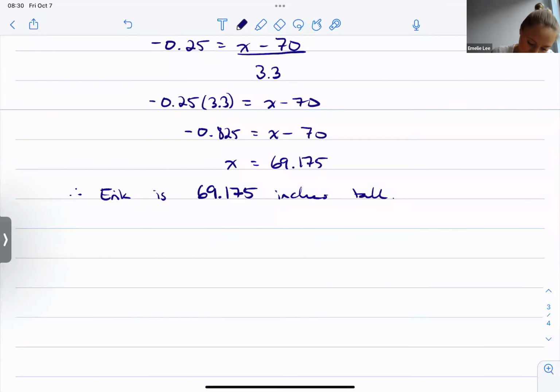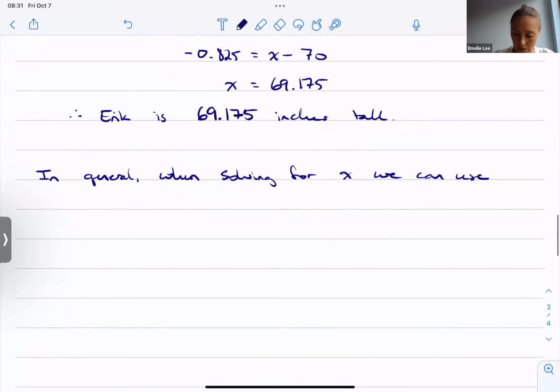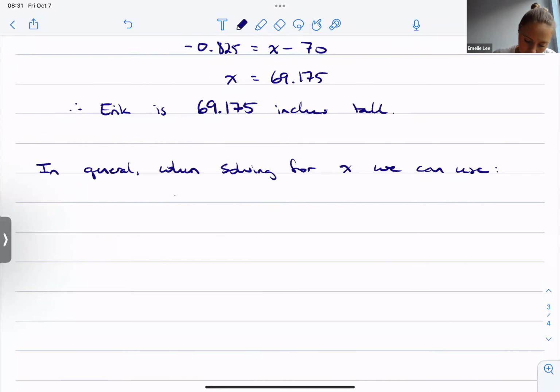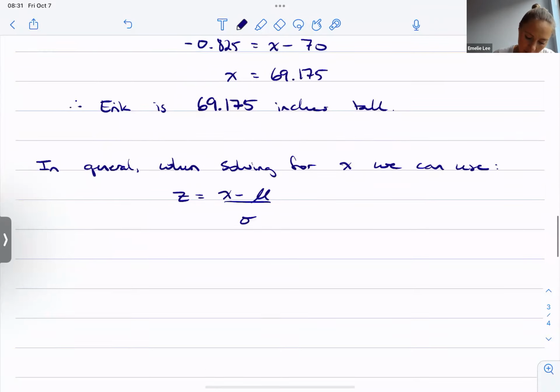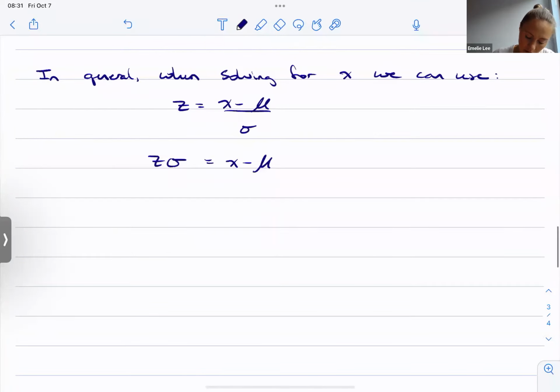So in general, when solving for x, we can use z equals x minus mu over sigma, which becomes z times sigma is x minus mu.